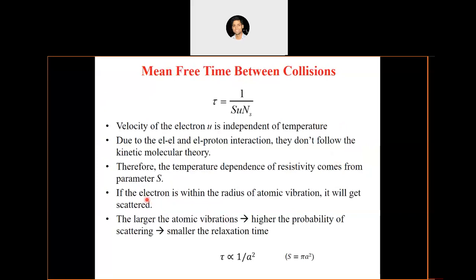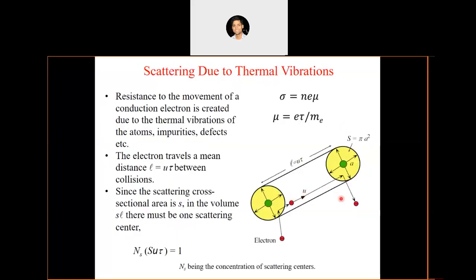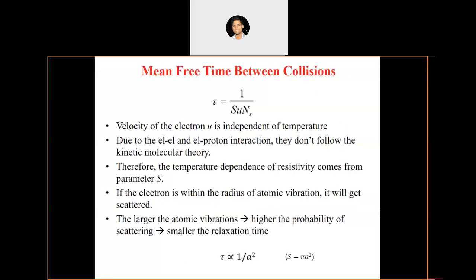If the electron which is traveling is within the radius of atomic vibration, within this cross section, then it will go through the scattering event, right? And the larger the amplitude of atomic vibrations, the larger will be the area, and that means there will be a higher probability of the electron getting scattered, right? The higher the cross sectional area, the higher will be the probability of scattering, and that will mean a smaller relaxation time, right?